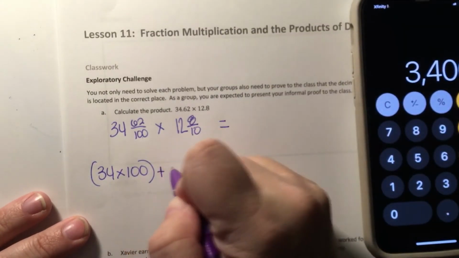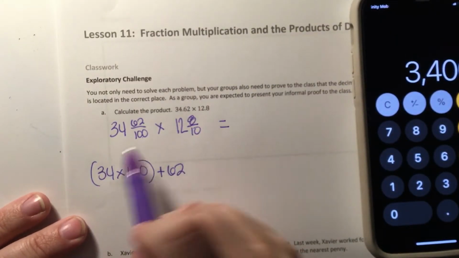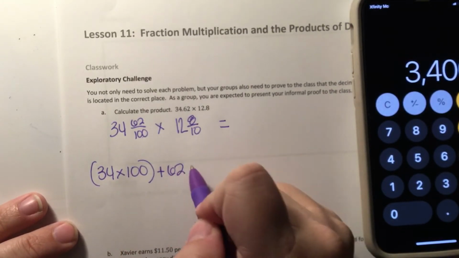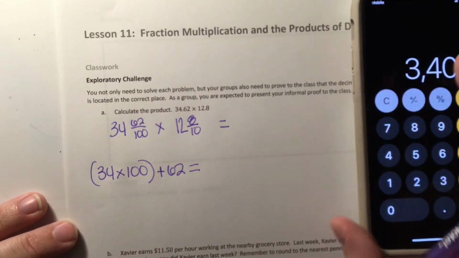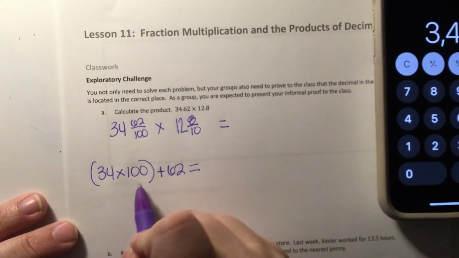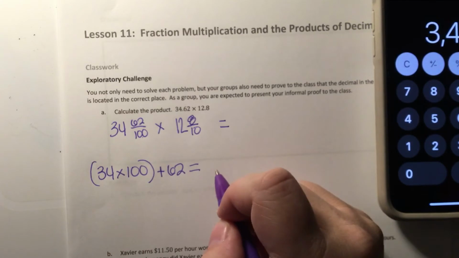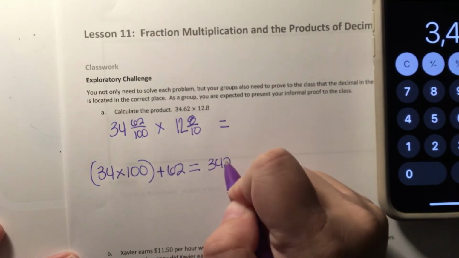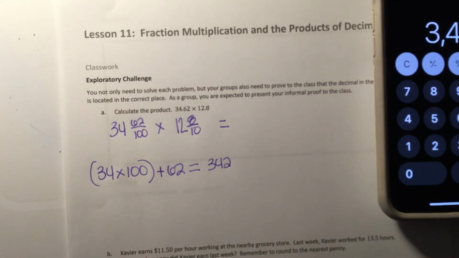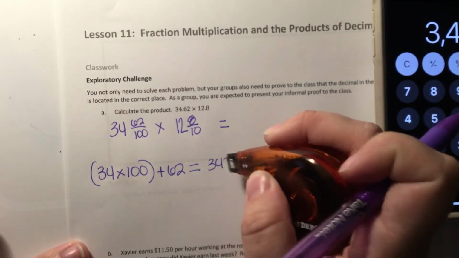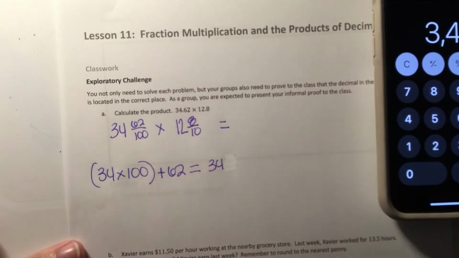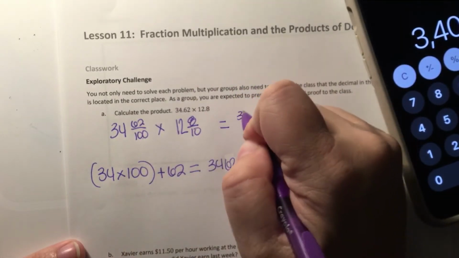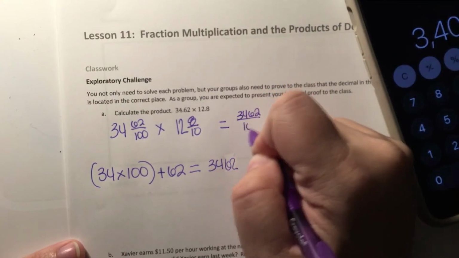And then we're going to add 62. So order of operations, we first multiply, then we do what's outside the parentheses, and we add. So 3,400 plus 62 is 3,462. Oops. Pencil, folks. Pencil, pencil. Okay. And we know that this is still over 100. So we have 3,462 over 100.